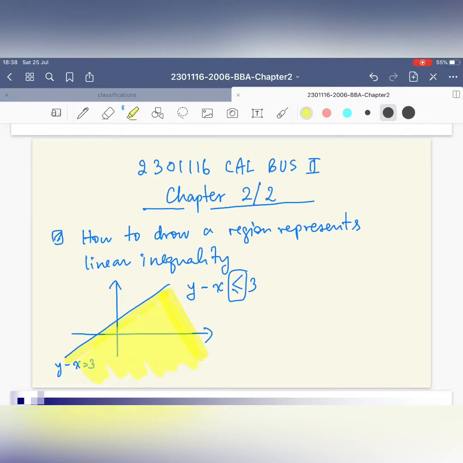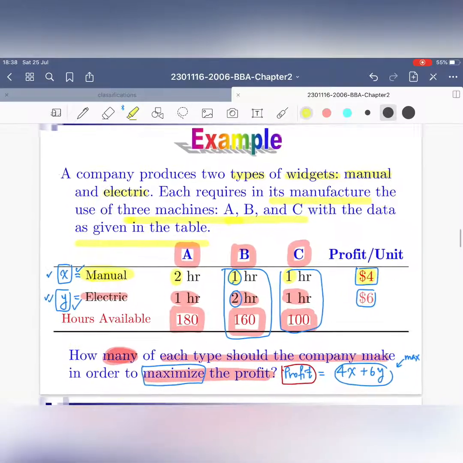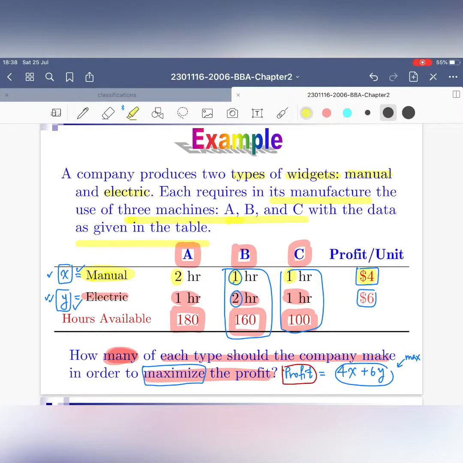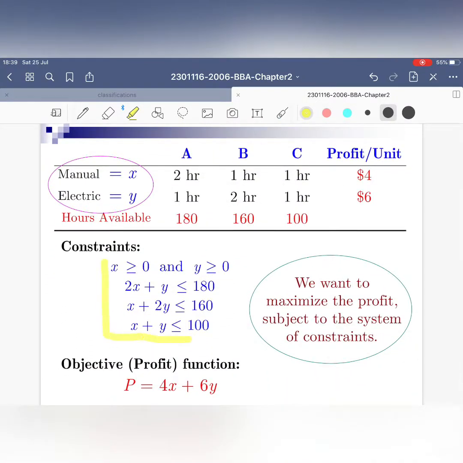All right, so in this clip we are going back to the first example that we considered in the previous video clip, where we maximize our profit under three constraints. This is for machine A, machine B, and machine C, and of course x and y are the number of units that you produce, so they must be non-negative.